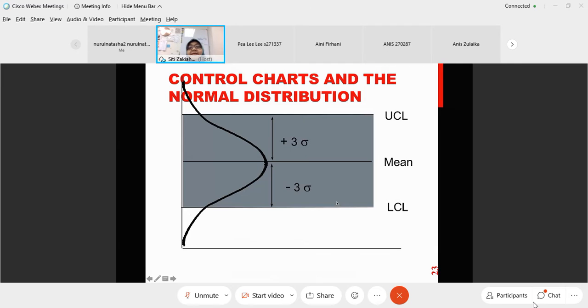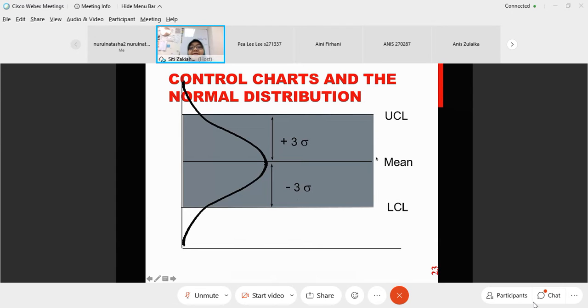Okay. Look at this. Remember tadi kita nampak upper control limit and lower control limit, right? This is how they put the bell curve tu macam ni. You see? This is the bell curve. So this is 3 sigma plus 3 sigma. This is the negative 3 sigma. Okay? Upper control limit, lower control limit.